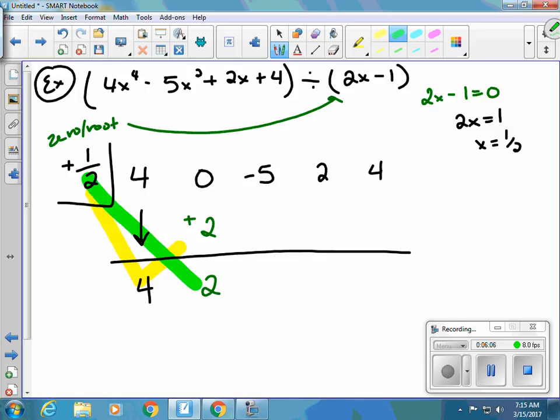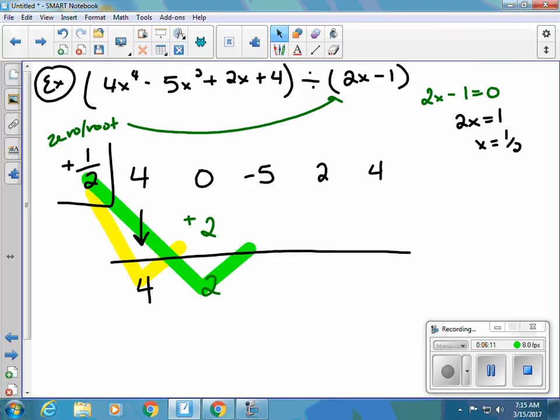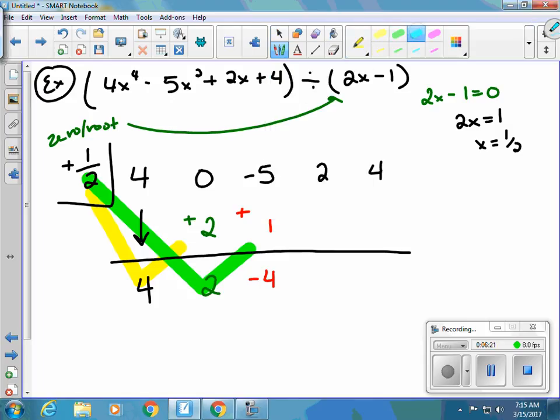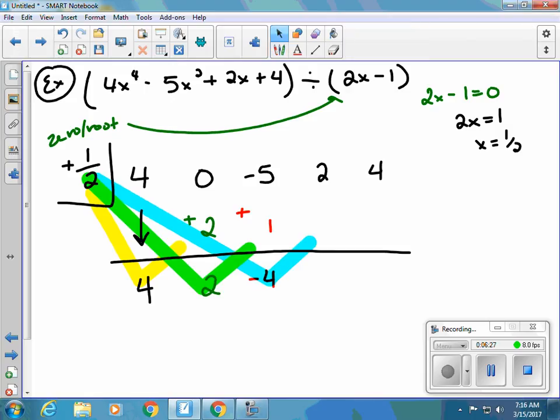A half times 2 will go here. Well, a half times 2 gives me 1. I need to add these. Negative 5 plus 1 gives me negative 4. A half times negative 4 gives me negative 2.